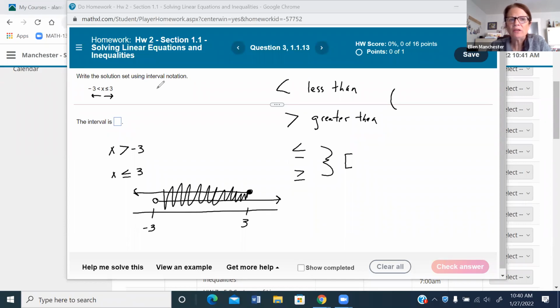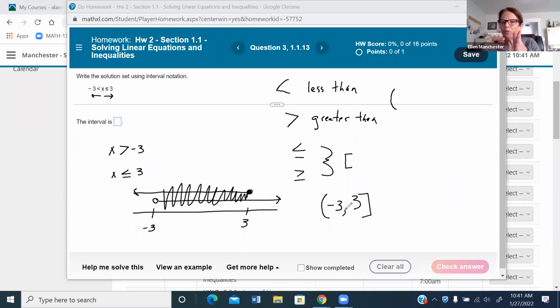So when you write this in interval notation, you can literally see it as X is in between -3 and 3, just like it's written. In interval notation, it does not include the -3, so it's a parenthesis. It does include the +3, so it is a bracket. Now, this is different than the ordered pair.